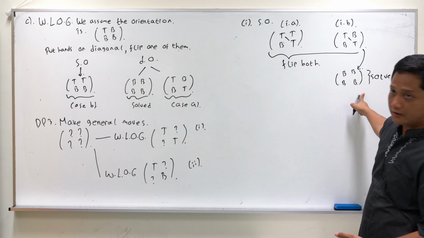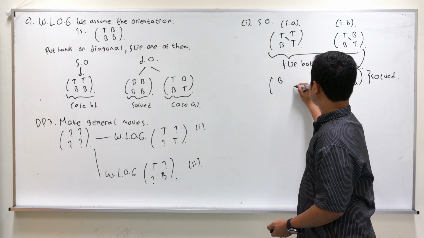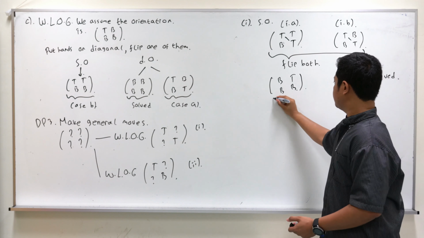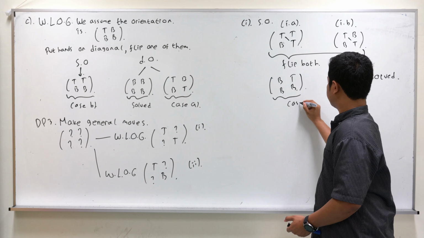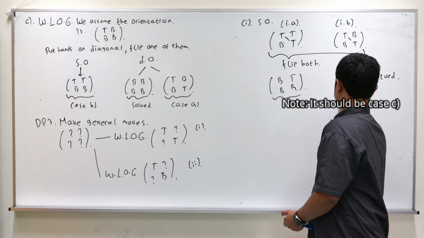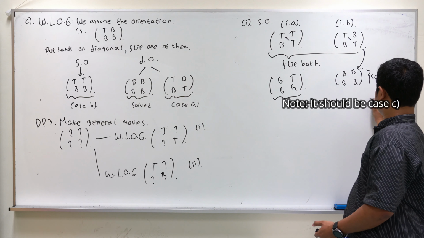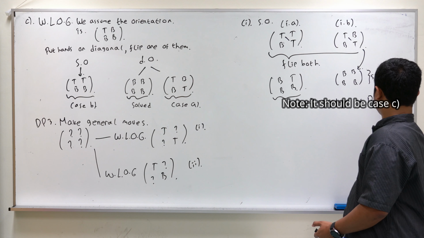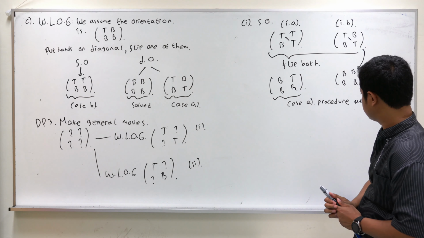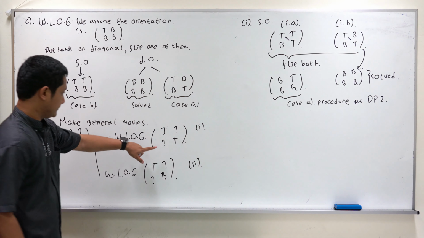If it is not solved, the light is not on, then it must be this case, BB, BT. So we do the case A procedure, at Devise plan 2. Okay, that's done for this.